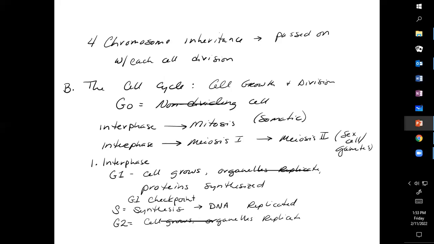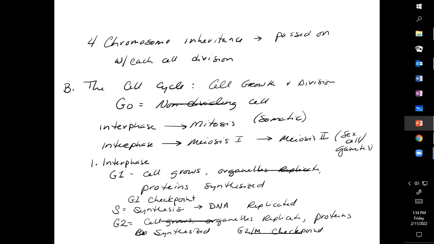And a new batch of proteins are synthesized, and these are proteins that are going to be involved in the actual division process. Not replicated, but synthesized, proteins that are going to be necessary for mitosis or meiosis. And then there's a G2/M checkpoint.